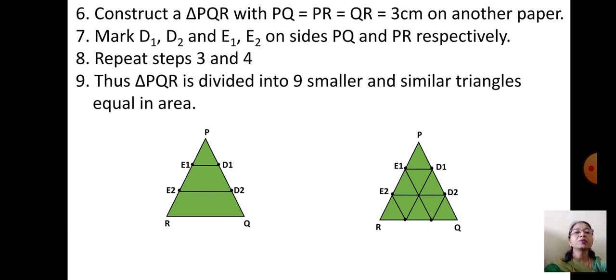Same steps we are repeating here. Similarly, in the second cutout you draw lines parallel to PR and lines parallel to PQ. Thus triangle PQR is divided into 9 smaller similar triangles which are equal in area.